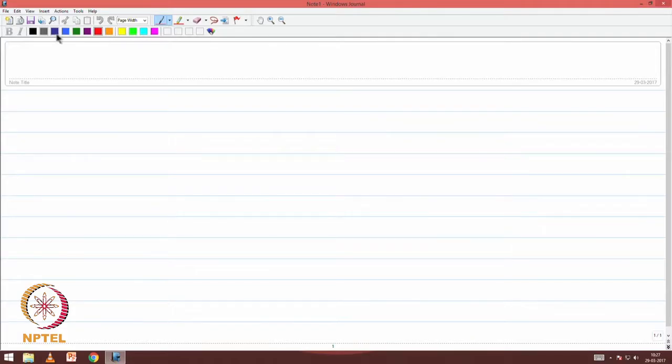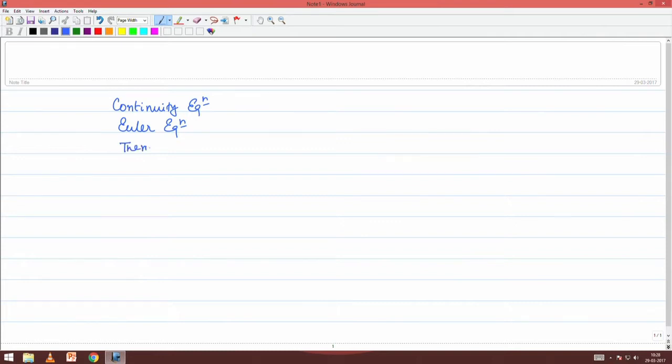In the previous class we had looked at how to derive the acoustic wave equation. Principally we had used the continuity equation, the Euler equations or the momentum equation, and the thermodynamic process.